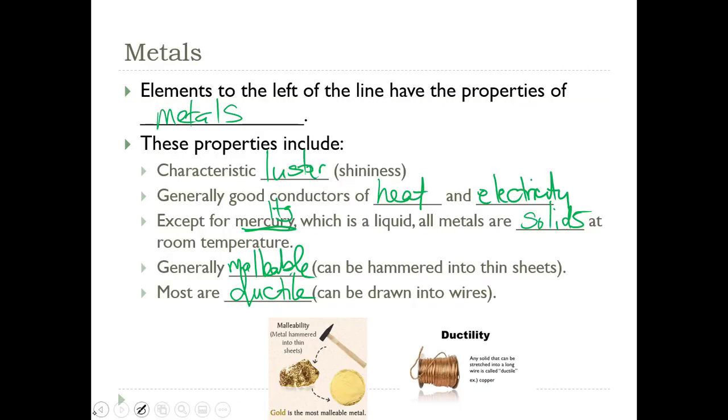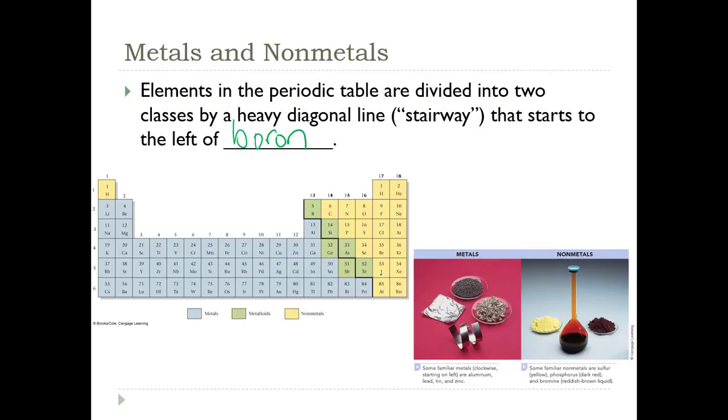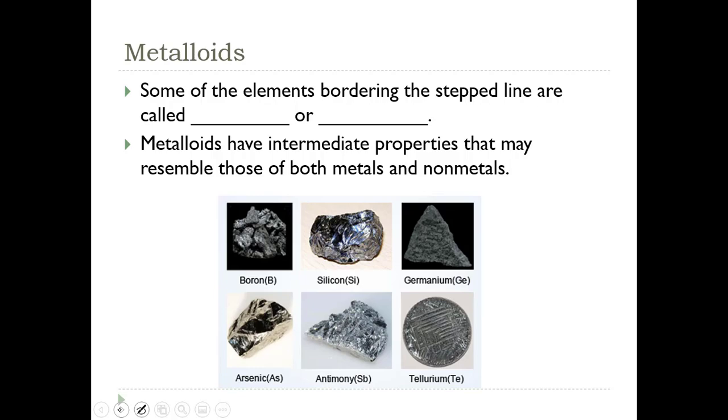So we have metals and nonmetals. Now, around the step line, we have elements that have intermediate properties, between those of metals and nonmetals. These are called metalloids or semimetals. Some of the elements bordering the step line are called metalloids.